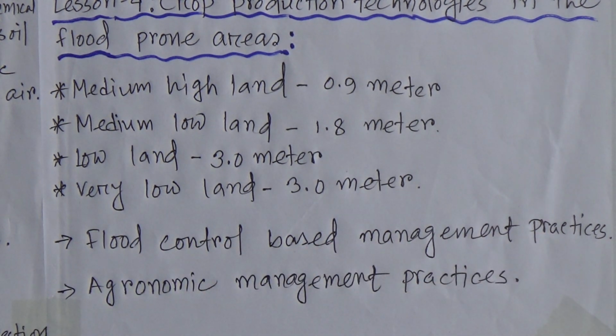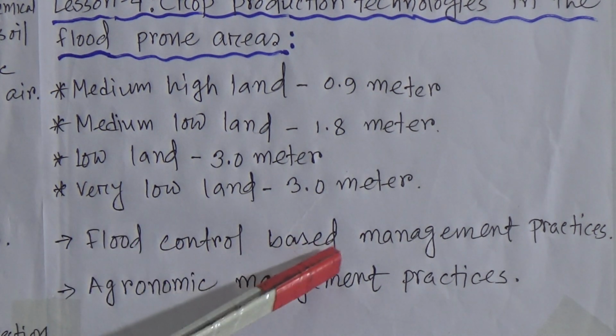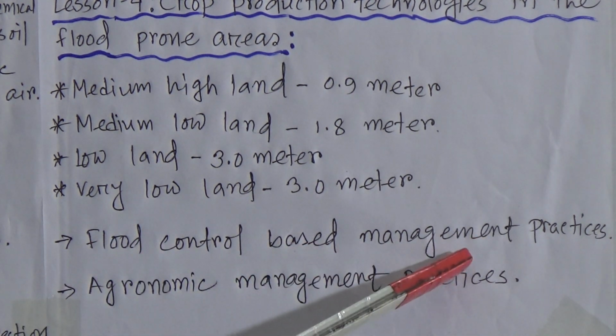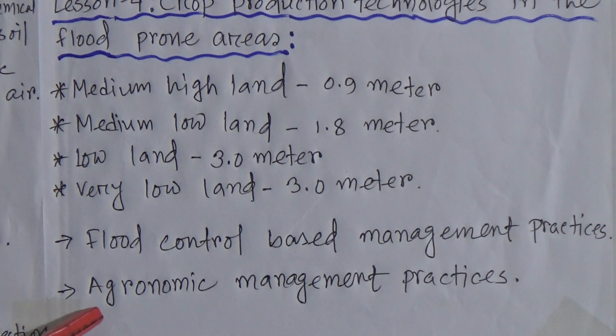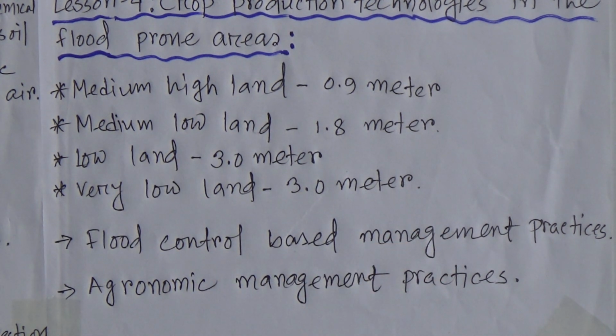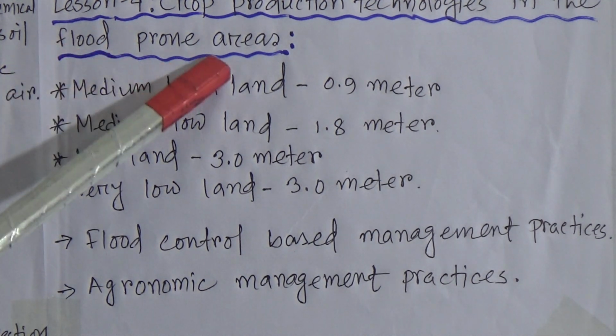The farmers should practice how to control the flood, and on this basis they should cultivate such kinds of crops. Agronomic management practices. The farmers also will have to practice these agronomic management practices, and by doing this the farmers would be able to produce a good harvest in flood prone lands.